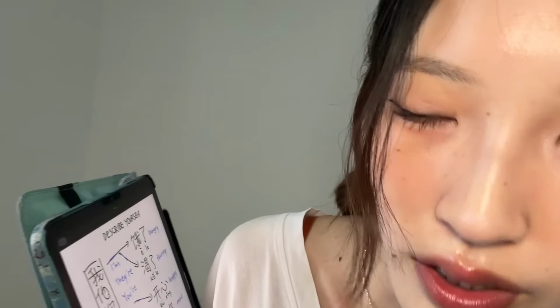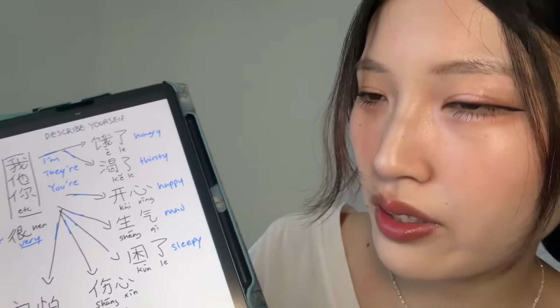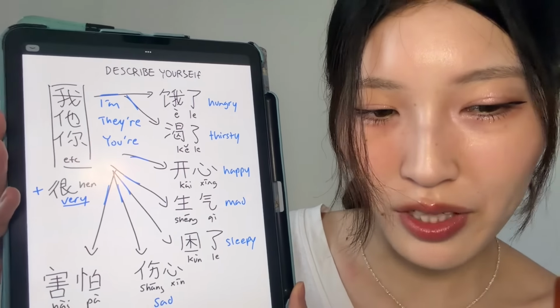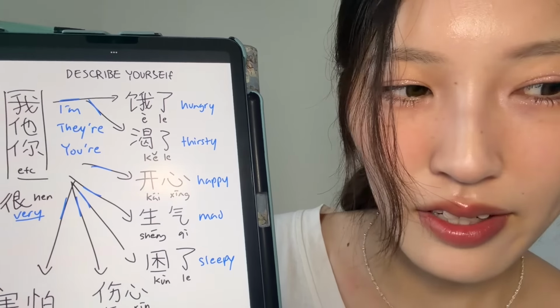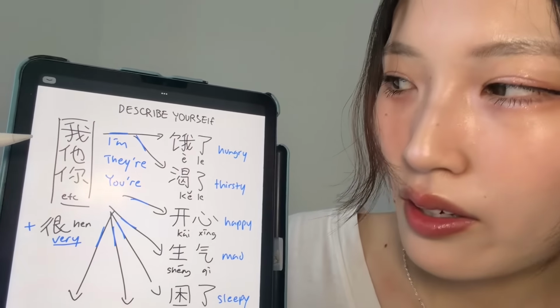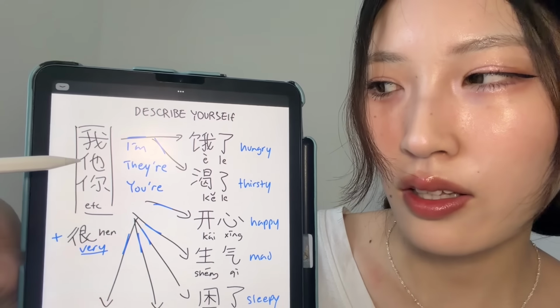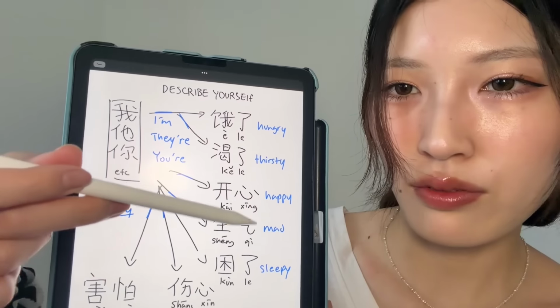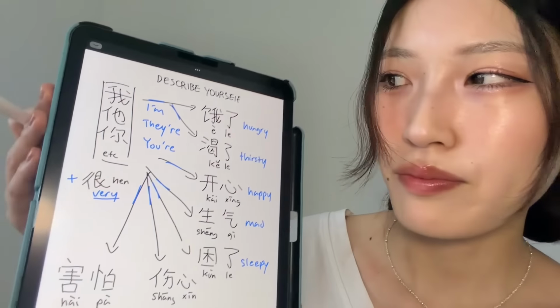So next up we should learn how to describe ourselves in a more emotional, feeling context. So I have here, it looks so confusing. I think I made it more confusing than it should be, but it'll make sense. So this is just me, they, you, and then all the different feeling adjectives.